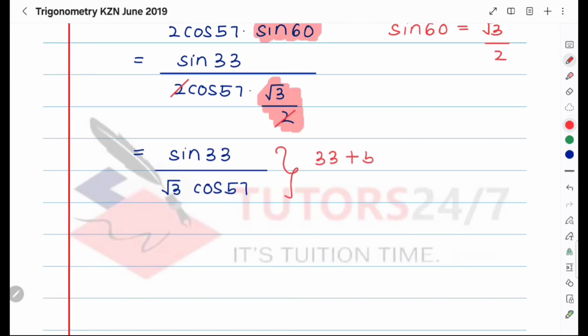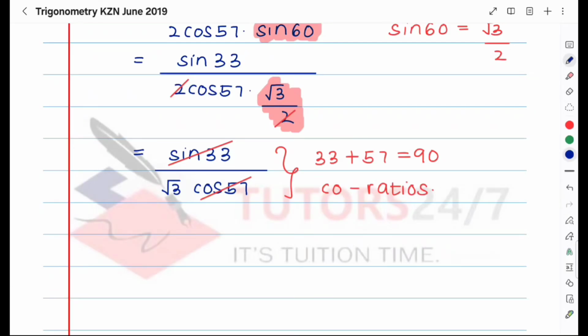Something important to take note of is that 33 plus 57 is equal to 90. So we are dealing with co-ratios. We know that whenever we have two angles that add up to 90 degrees, and one is sine, one is cos, one is on top, one is at the bottom, they cancel each other out. Take note that co-ratios have the same magnitude, they're equal to the same thing.